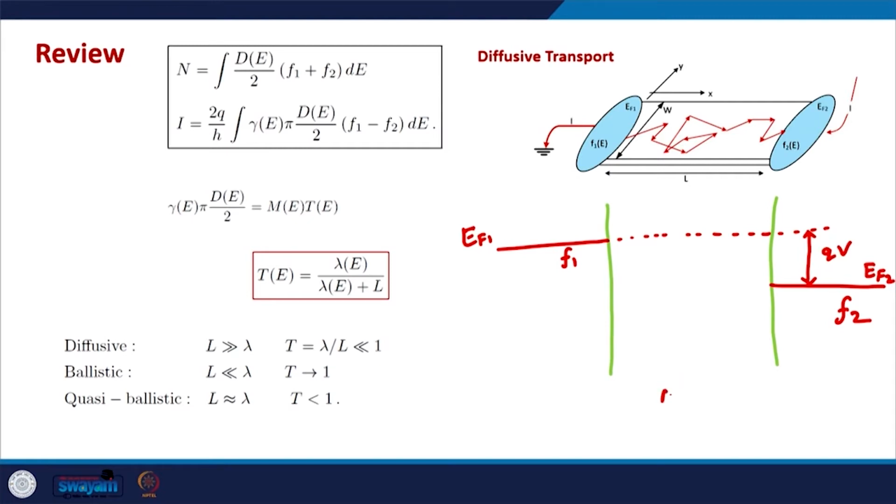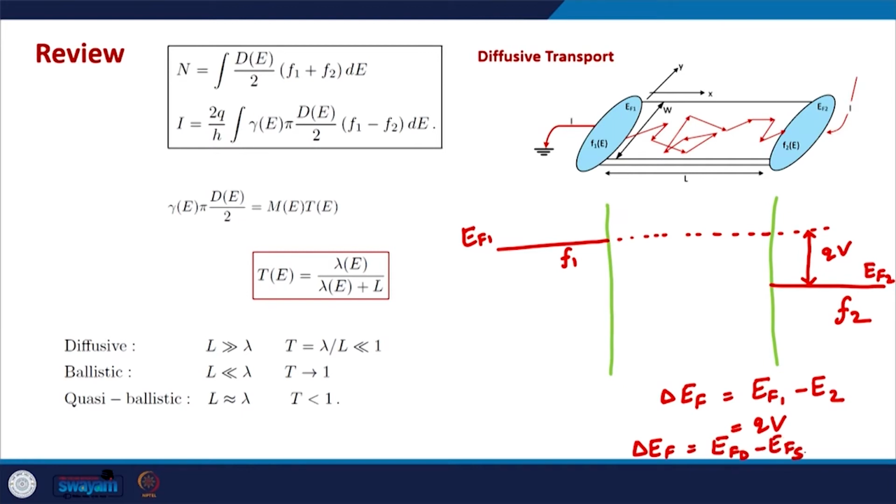So in our case delta EF, which we define to be EF1 minus EF2, is Q times V. In some books and papers, delta EF has been defined as EF drain side minus EF source side.